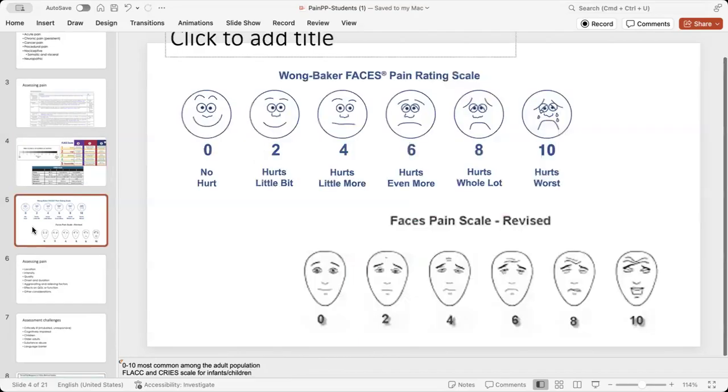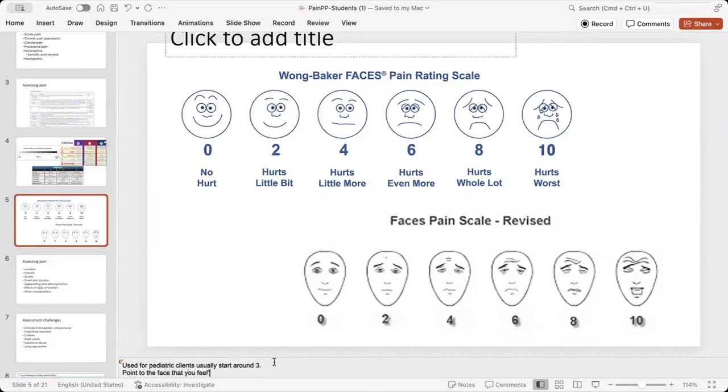The Wong-Baker faces, and then the revised faces scale. Often used for your pediatric client, usually around 3, right? If they're about 3 years of age, you can use the Wong-Baker face. What do you tell the client when you're using the Wong-Baker face? Point to the face that you feel, right? I'm not looking at the client and then looking at the faces and trying to match them up, right?